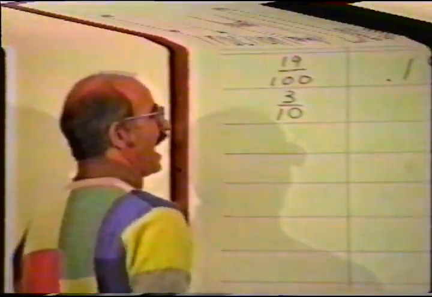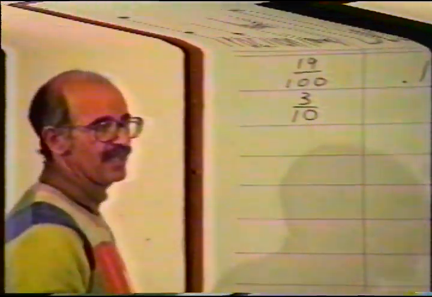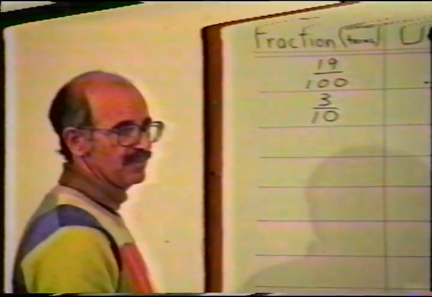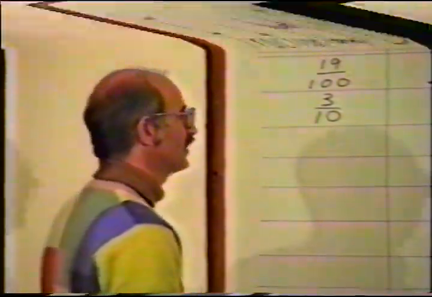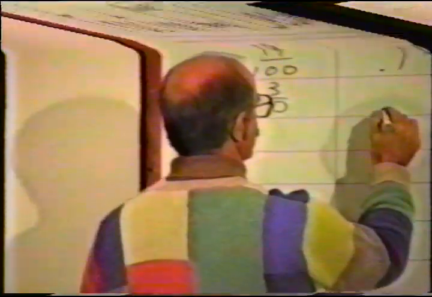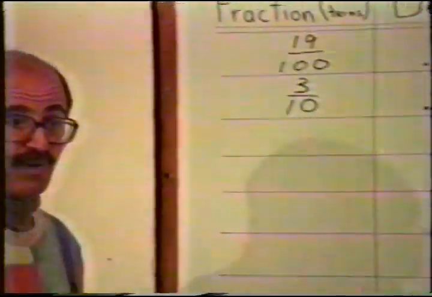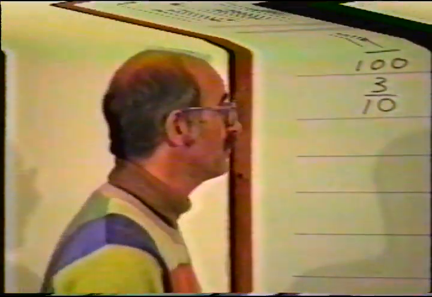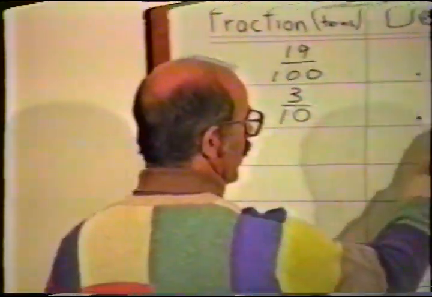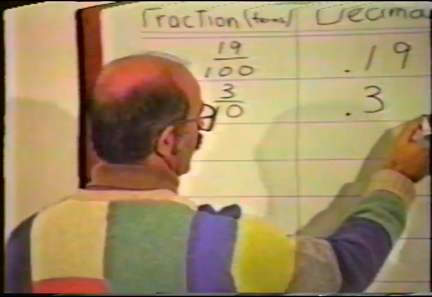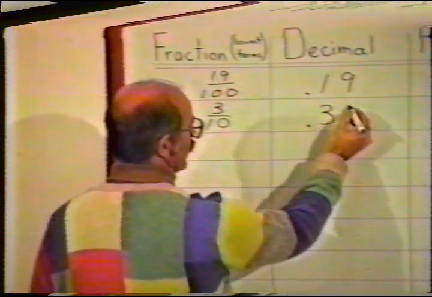The next one is 3/10. How do I write that as a decimal? 0.3. Now I want to move that decimal point 2 places to the right. 1 and another. What do I have to fill this space with?